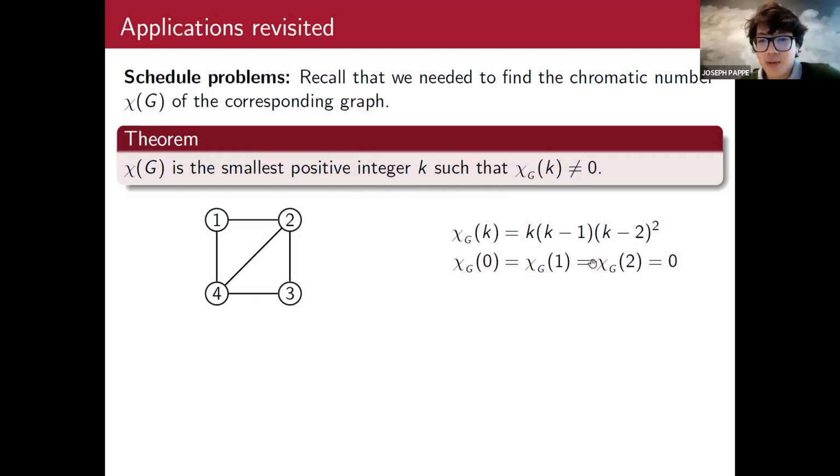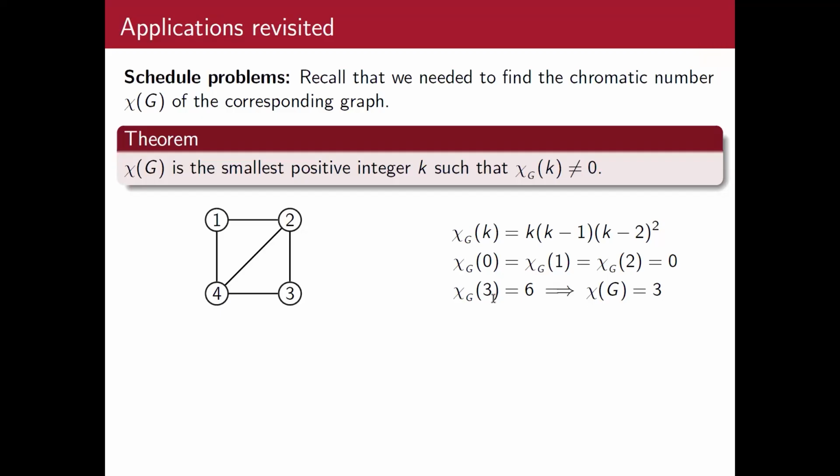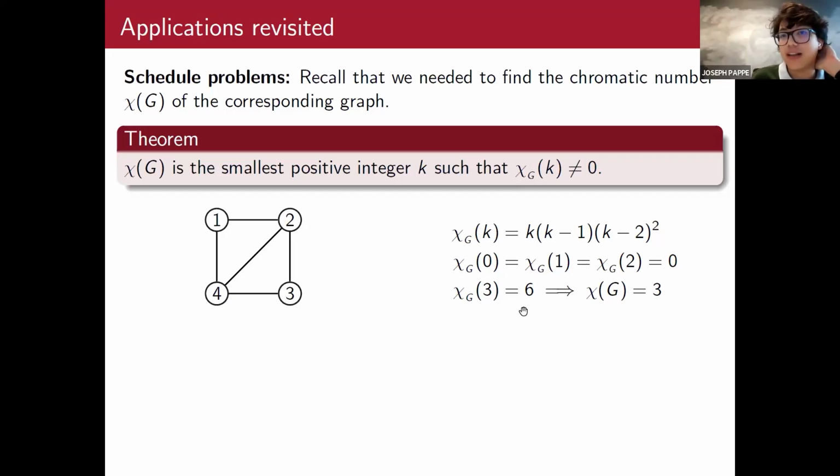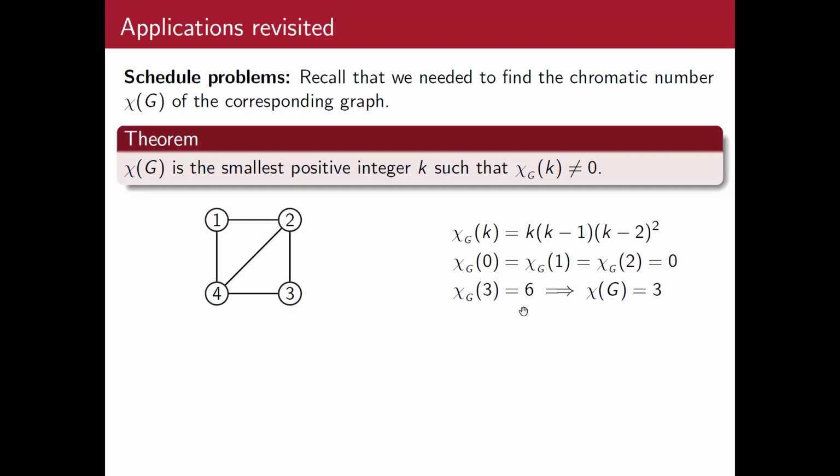So we see that 0, 1, and 2 are roots of this polynomial. So this tells us that when we plug in 3 into this, it's not a root. So this means that our chromatic number is 3. So this gives us a way of finding the chromatic number. It's the smallest non-root of this polynomial.